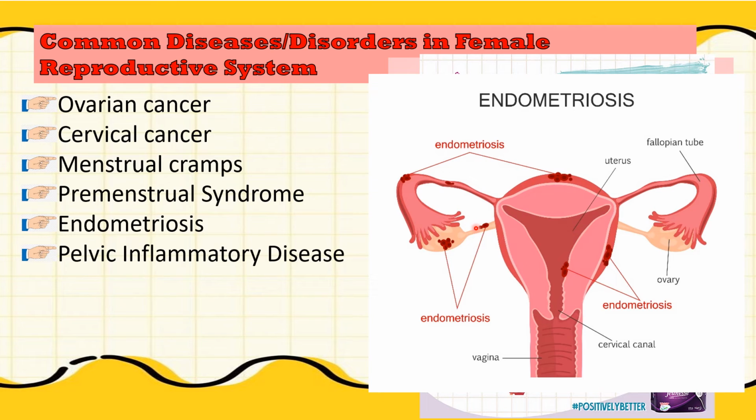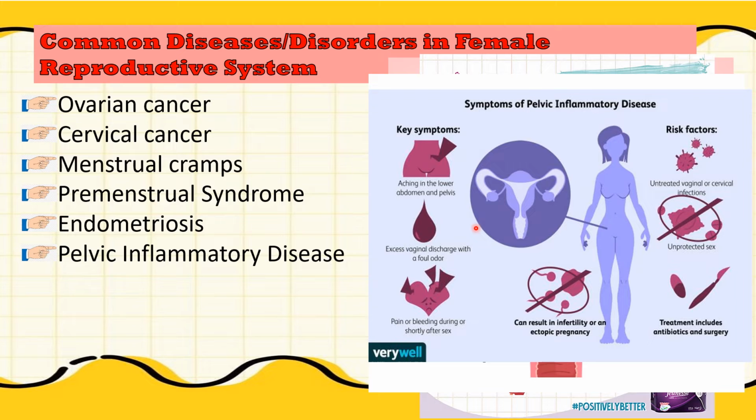Next, we have pelvic inflammatory disease or PID. It is an infection of the female reproductive system. Most often it occurs when sexually transmitted bacteria spread from your vagina to your uterus, fallopian tubes, and ovaries. It can cause infertility or an ectopic pregnancy kapag nagkaroon ng pelvic inflammatory disease.